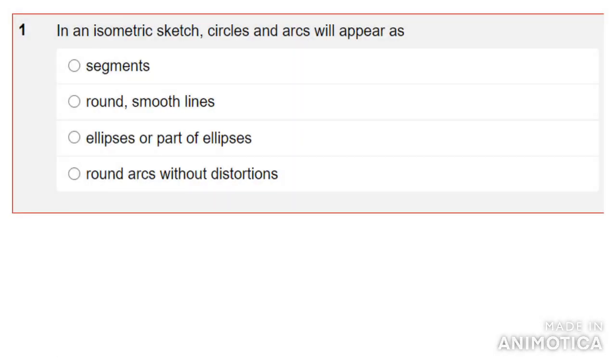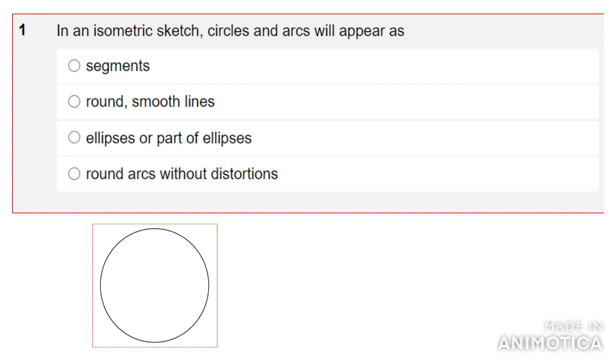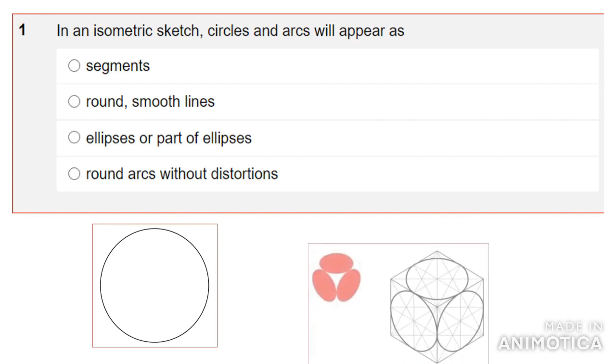Alright, so the first question says, in an isometric sketch, circles and arcs will appear as segments, round, smooth lines, ellipses or path of ellipses, or round arcs without distortion. So everyone should know what a regular circle is. Here we have a regular circle in 2 dimensions, and an isometric circle or an isometric arc will look something like this.